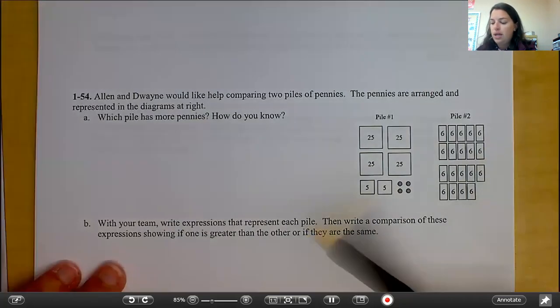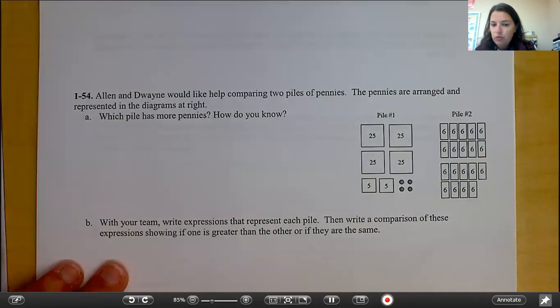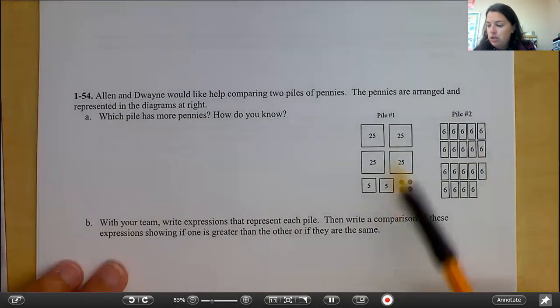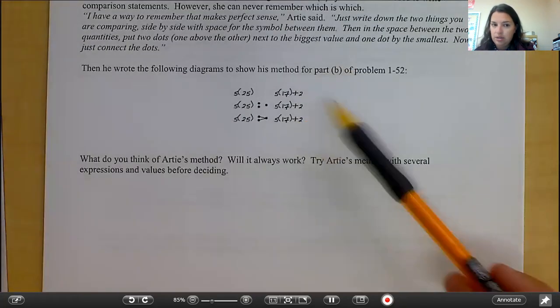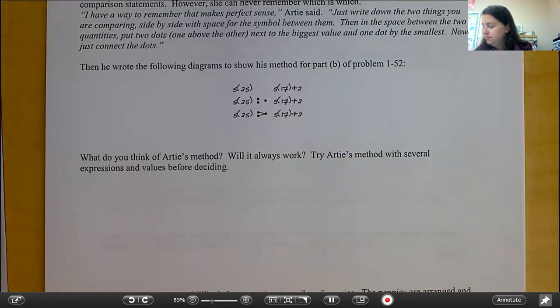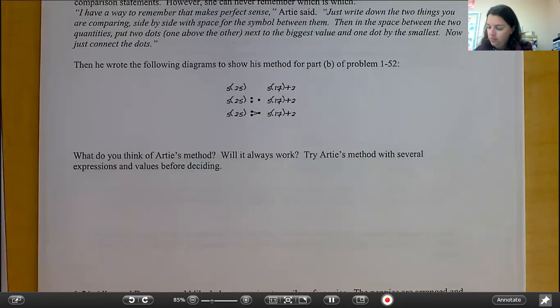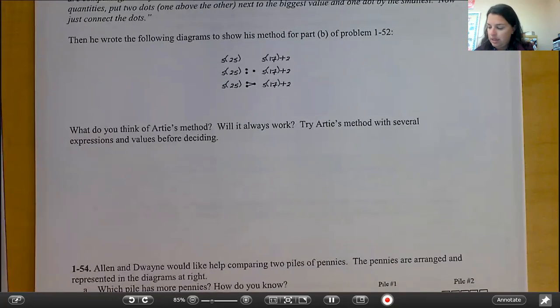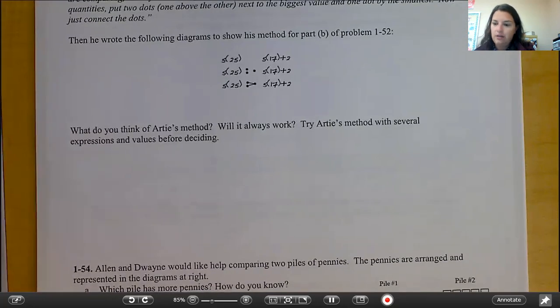So you're going to want to write your expressions. Remember, those are with numbers, and then you also want to write a comparison. So you need two expressions, and then you need your comparison like up here in problem 153. And again, there's more than one way to write that down. So I will check over that if you would like me to.